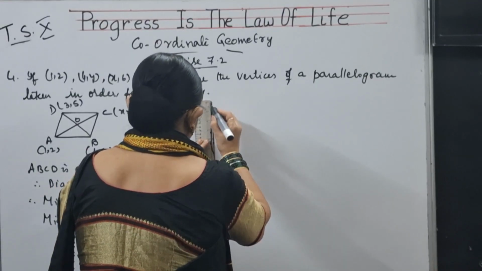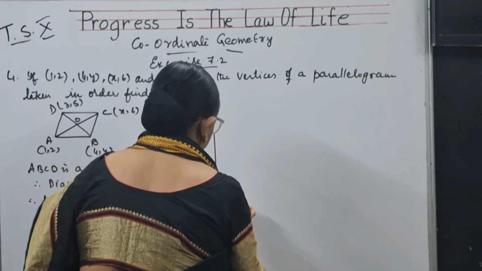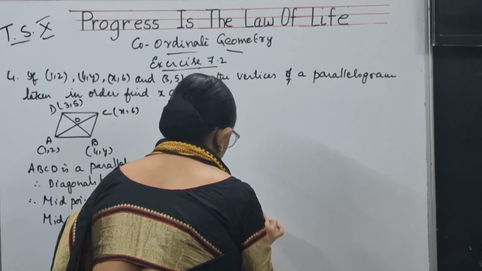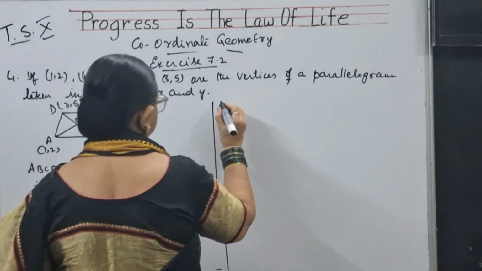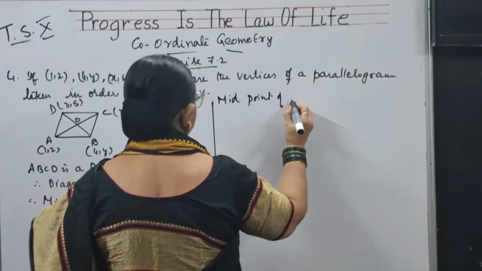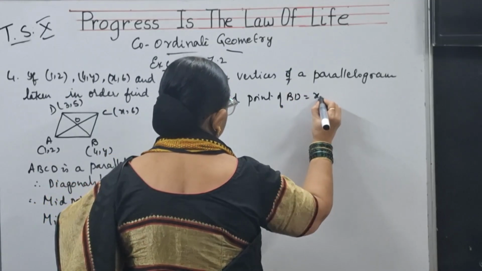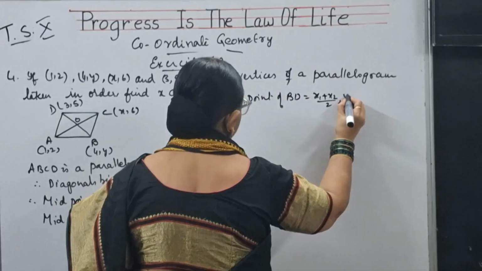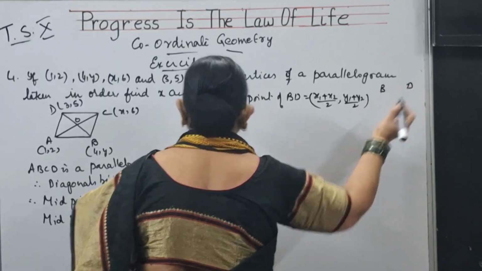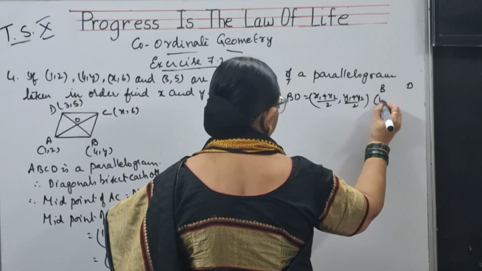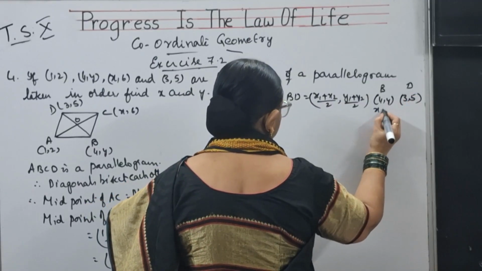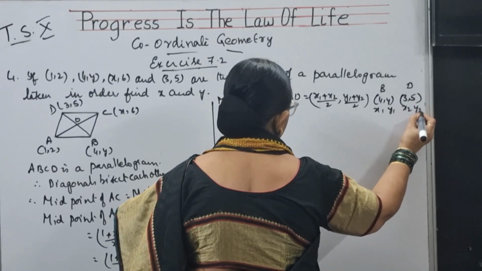Now let us see what is midpoint of BD. Midpoint of BD is equal to ((x1 plus x2) by 2, (y1 plus y2) by 2). So B and D. B coordinates are (4, y) and D coordinates are (3, 5). x1 y1 x2 y2.